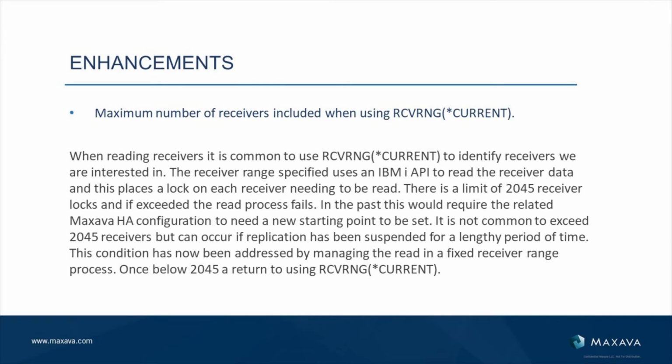The fix now is that the condition will now be changed to read in a fixed receiver process. Once the fixed receiver processes below 2045, we will revert back to using the receiver range *current, and so resolving the issue of having to reset the configuration.